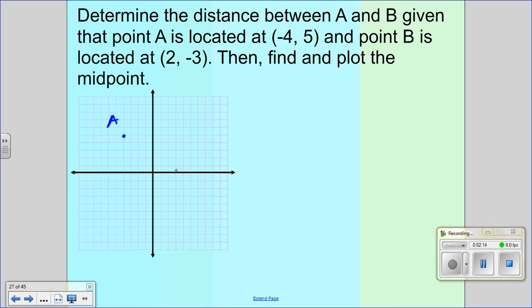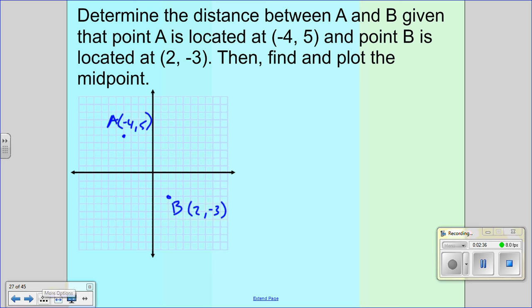Point B is to the right 2 and down 3. It might help you to label on the graph itself. So this is (-4, 5), and this is (2, -3).